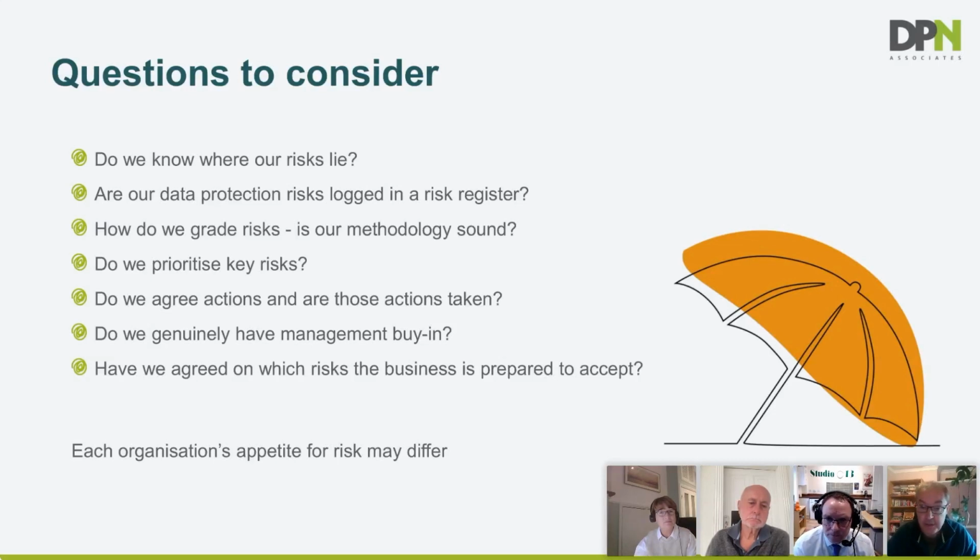Have we really got management buy-in, which is going to be important to move things forward? And have we agreed on which risks the business is prepared to accept? In some cases we might identify smaller risks that the business says, okay, we'll accept that risk, recognizing that each organization's appetite for risk could be different as well.